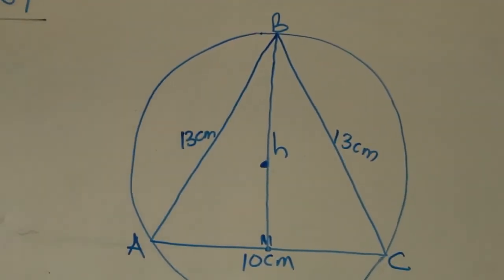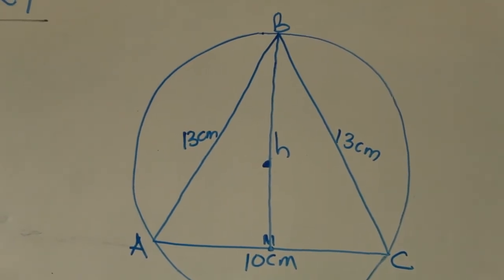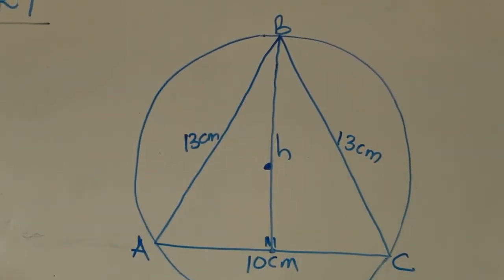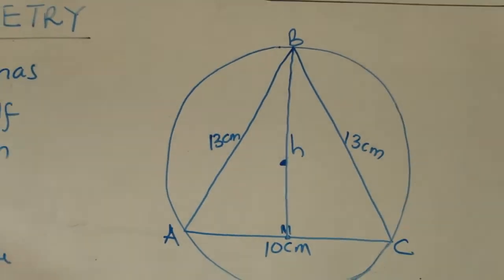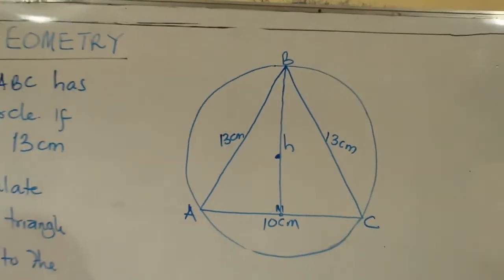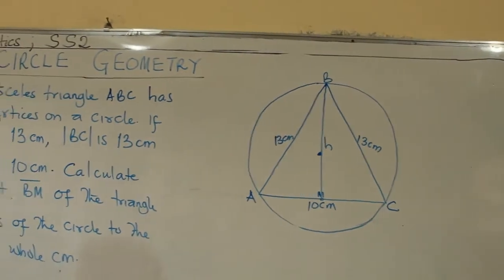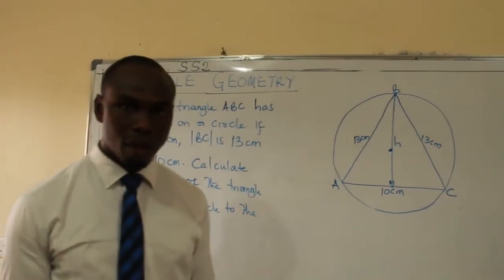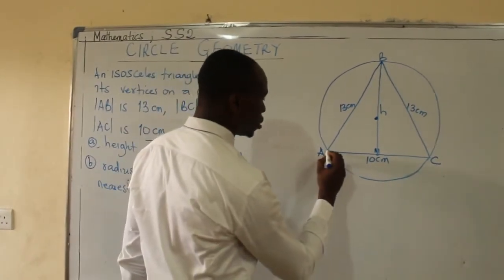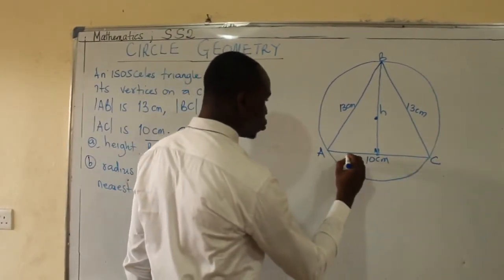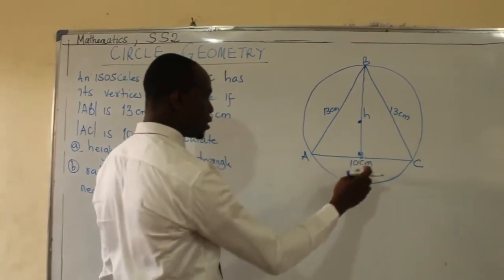That height is a line that divides the isosceles triangle into two equal halves. That line is called a line of symmetry. I can get this height if I understand that it cuts the base AC into two equal halves. It bisects it.